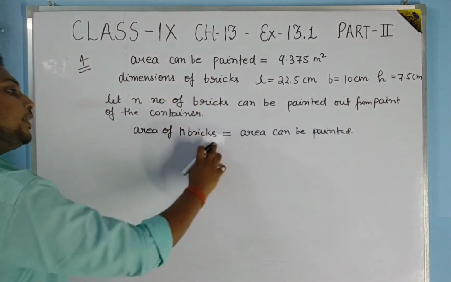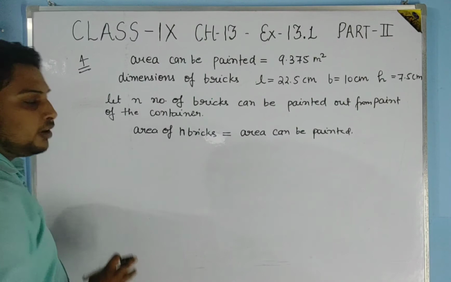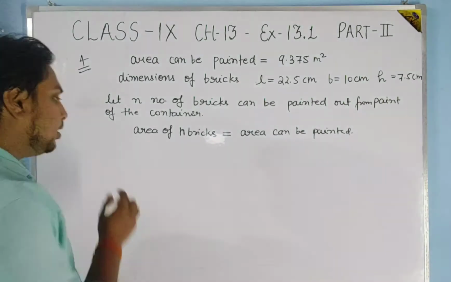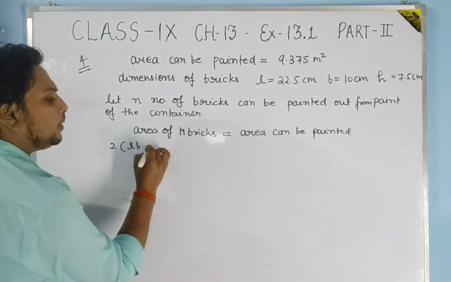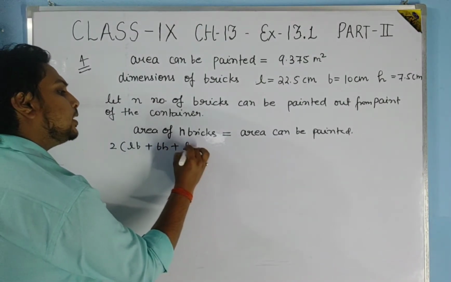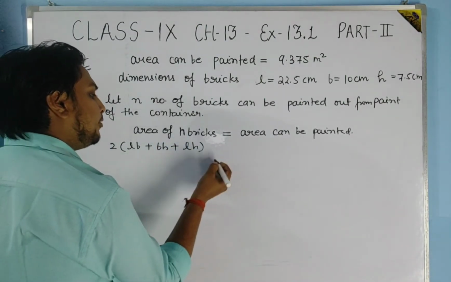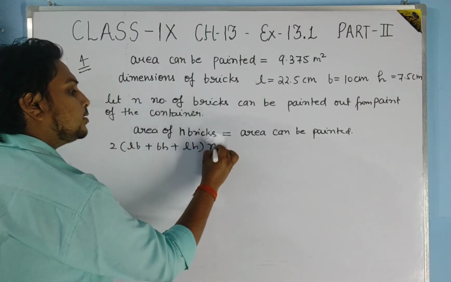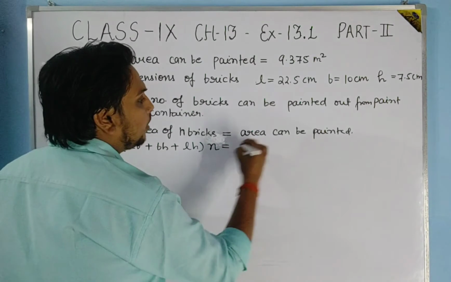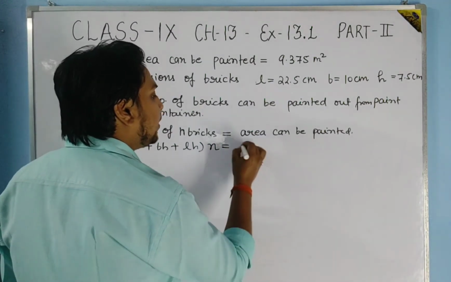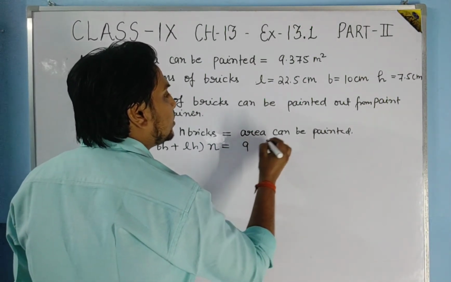So students, what will be the total surface area of one brick? The total surface area of one brick will be 2 into LB plus BH plus LH. And if the number of bricks is n, it will be multiplied by n. And the area that can be painted is given 9.375.